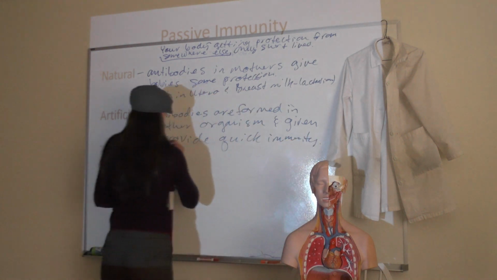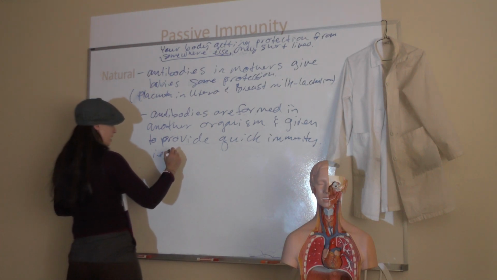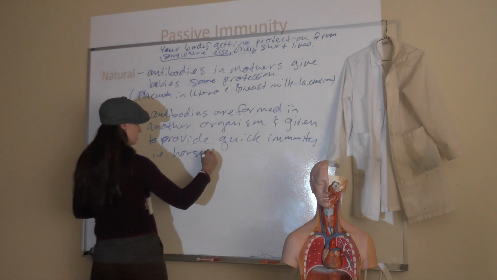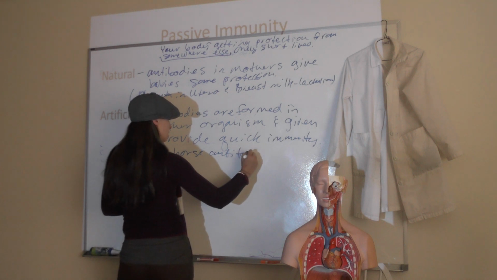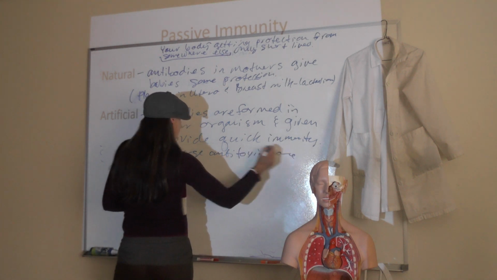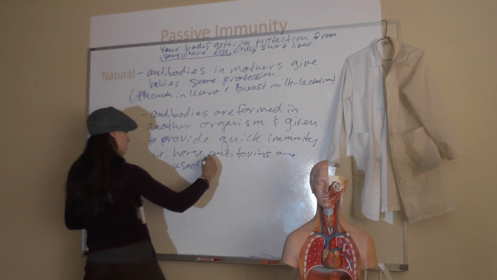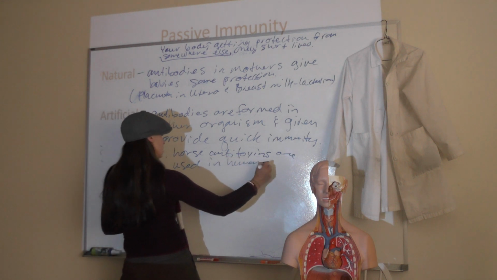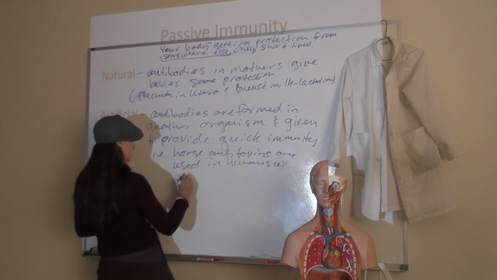And then we'll say, for example, horse antitoxins are used in humans with deadly bites.